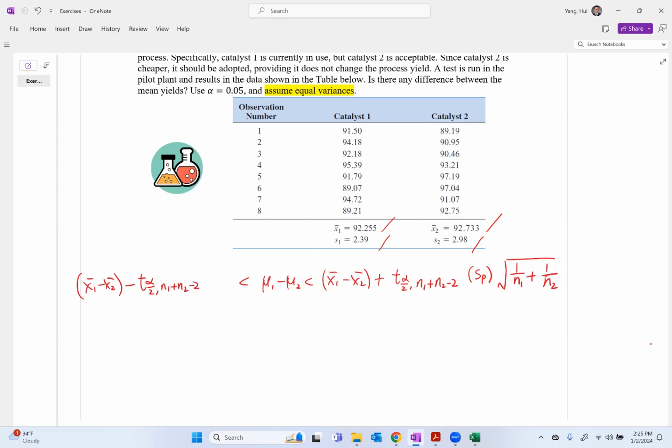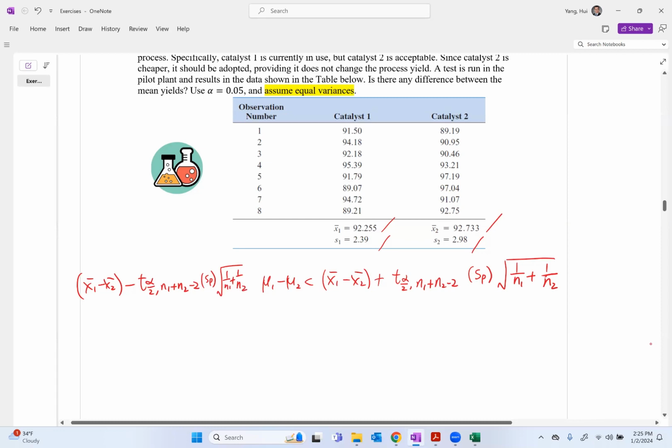Then we also have, similarly, Sp times the square root of 1 over n1 plus 1 over n2. Let's write it a little bit better here. So this will be less than.